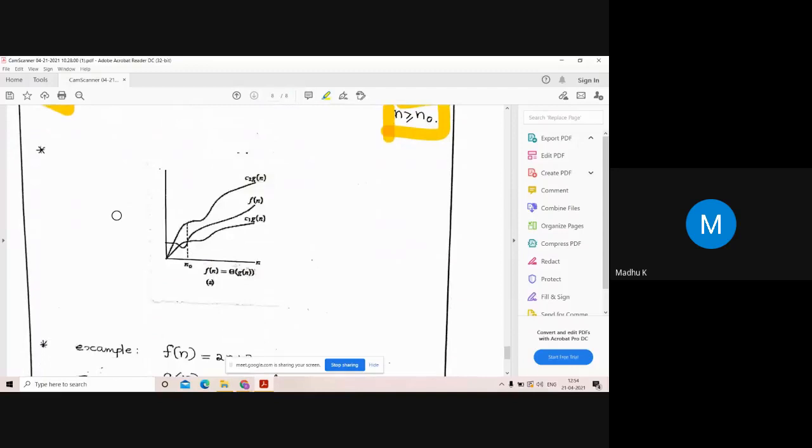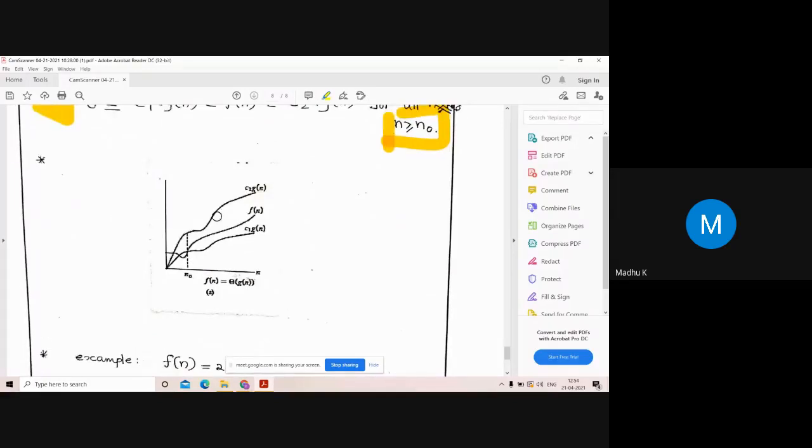The same concept, so we are considering it in this way. Suppose this is C1 into g of n, and this is another function which is C2 into g of n.